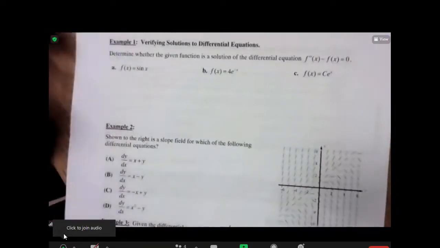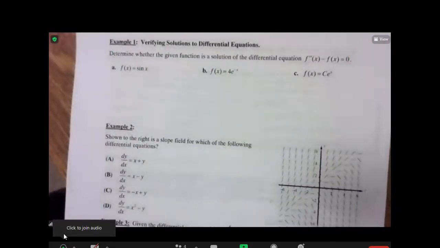All right, so there are, again, other ways of writing sentences, looking at things. So it says, determine whether the given function is a solution to the differential equation f double prime of x minus f of x equals 0. So you were given f of x. So how could you prove that statement?